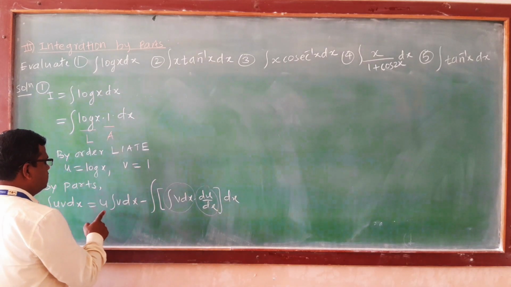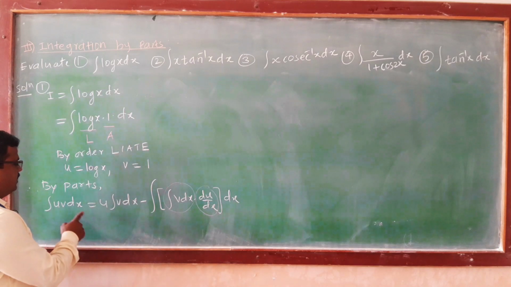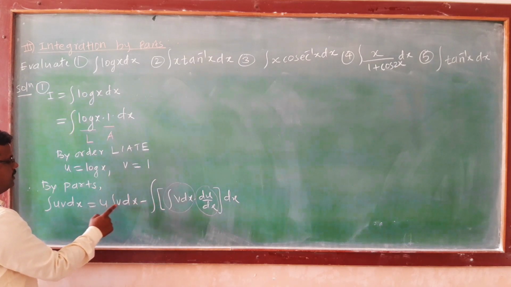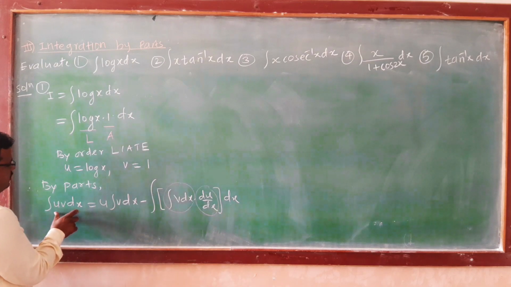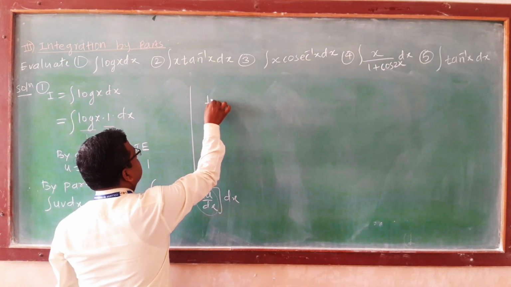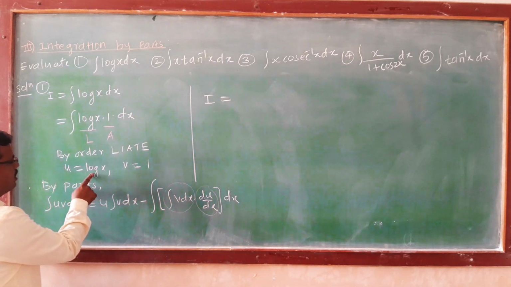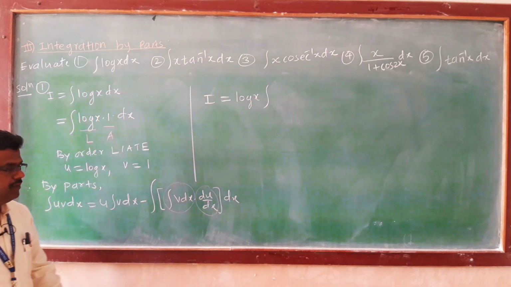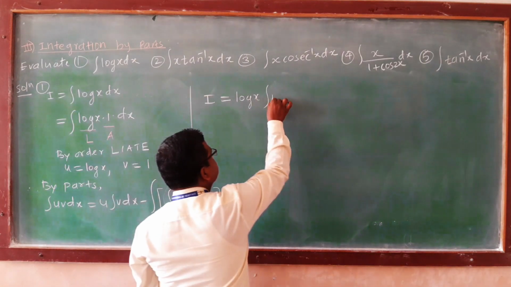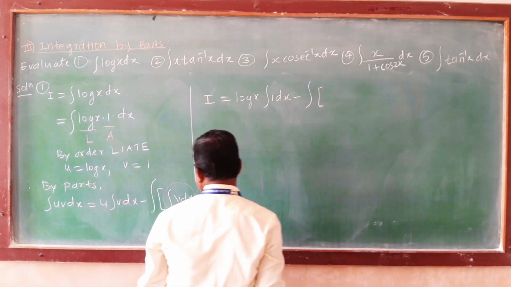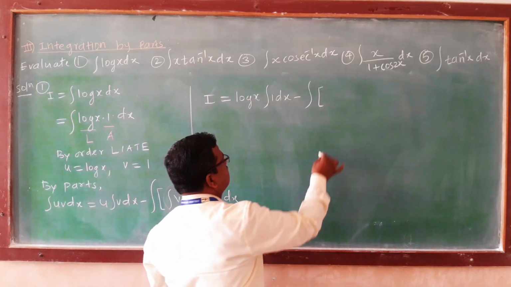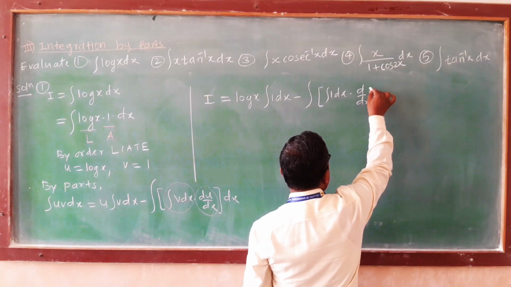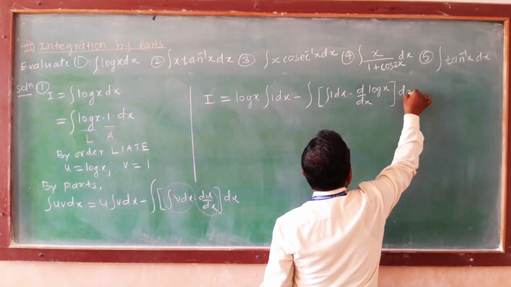While using this rule, simply put the values of u and v in this formula. Therefore I is equal to u, that means log x, integration of v, that means v is equal to 1, minus integration of 1 dx into d by dx of log x, that is u, with respect to x.